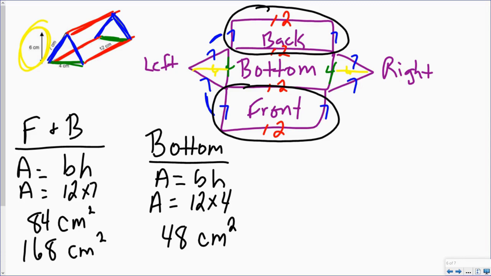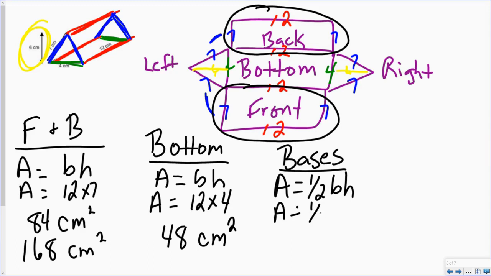And then my bases, which in this case are triangles, and an area for a triangle is 1/2 base times height. So that gives me 1/2 multiplied by 4 multiplied by, I have to be careful here because I need my height, which is the 6. And that gives me a total of 12 centimeters squared.